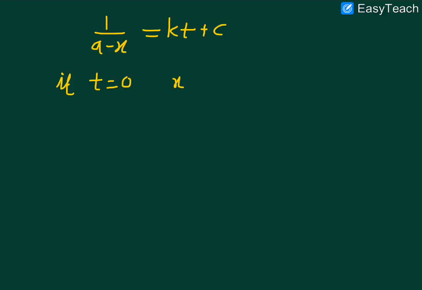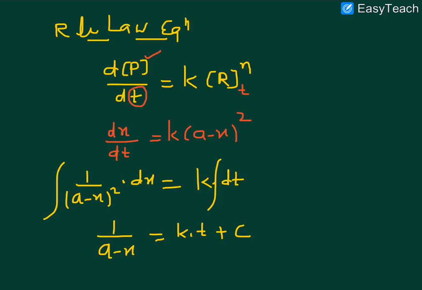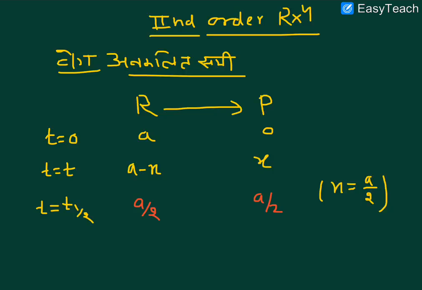So x is equal to 0, meaning the concentration of product will be 0. We can see here the view of this equation. When t is equal to 0, then x is equal to 0.